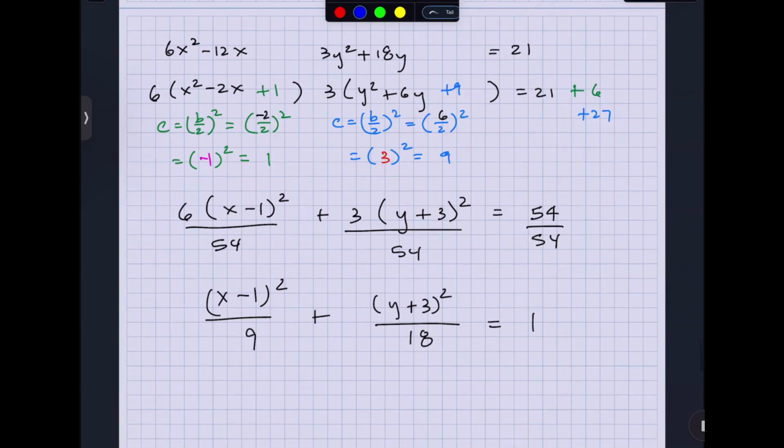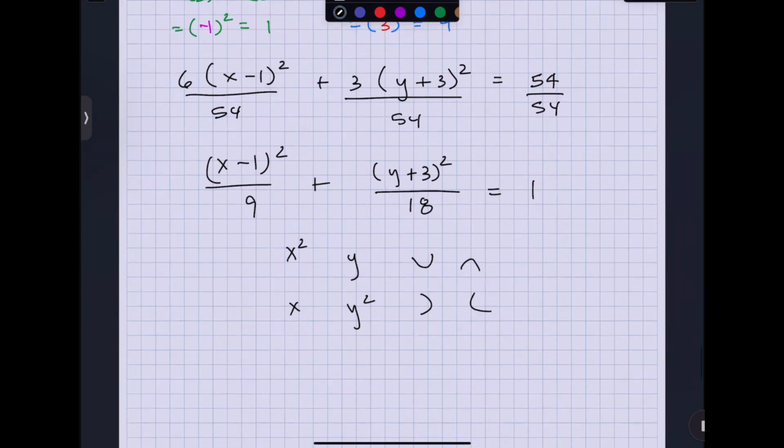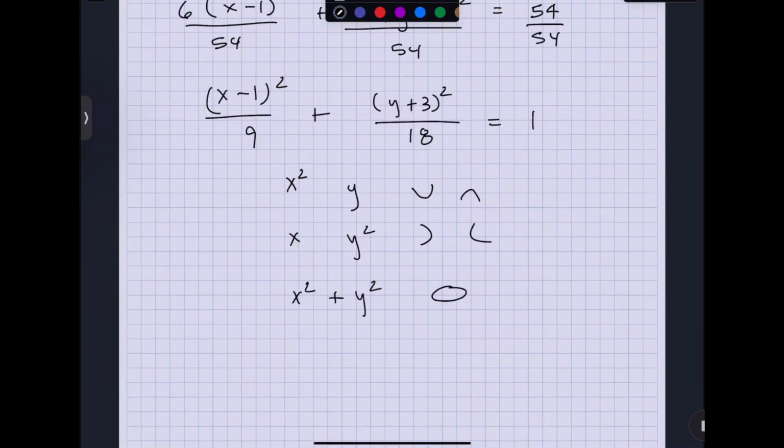Okay? So, again, x squared, y squared, I'm sorry, I shouldn't put them together. I should do it this way. Okay? It's either one or the other. X squared plus y squared. X squared minus y squared, y squared minus x squared.